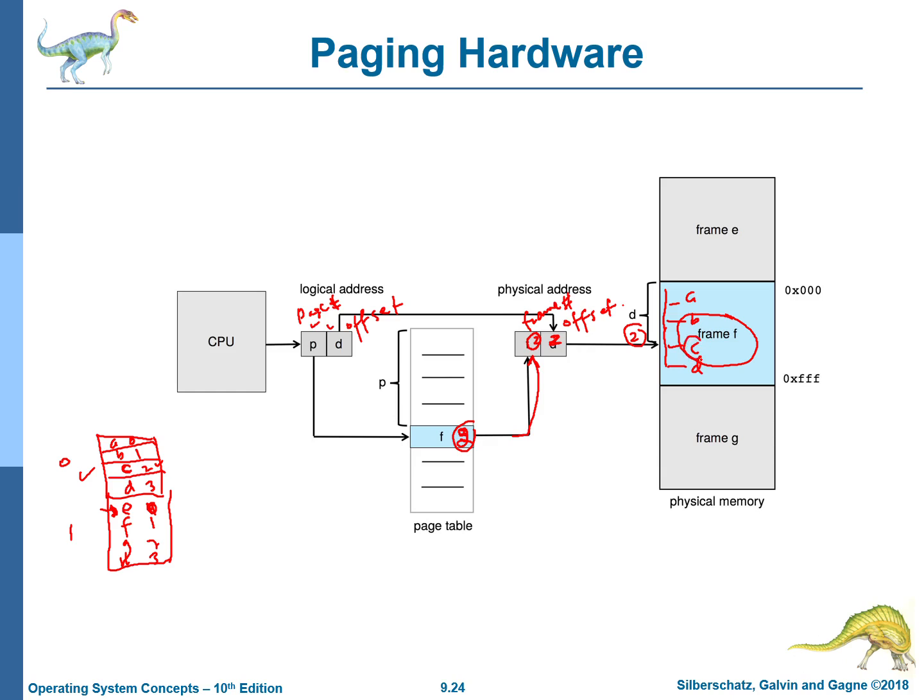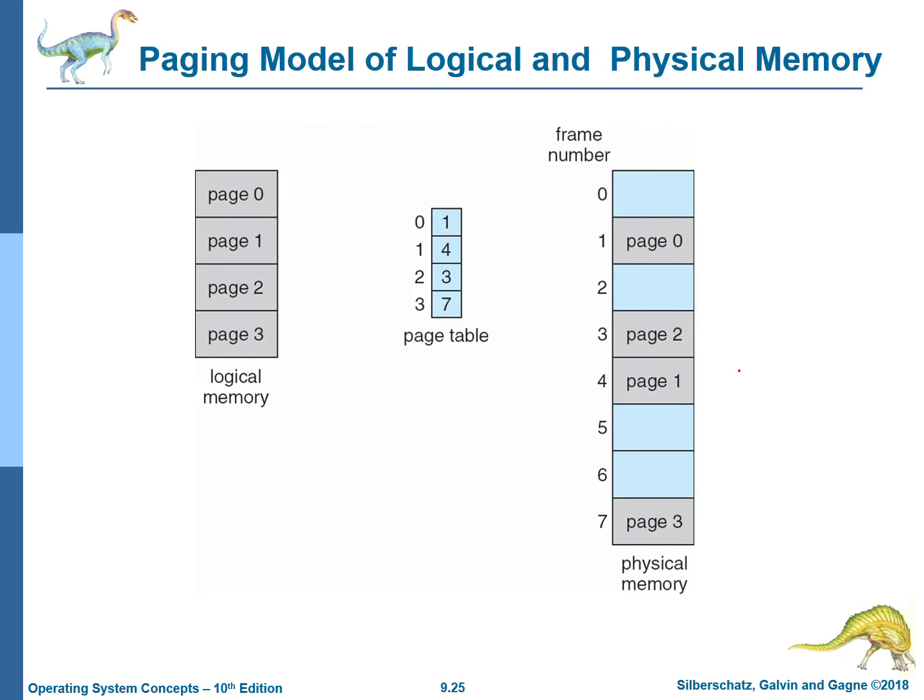So we need C here. So this is the exact location of our required memory, required data. In the paging model, the same thing is shown here. Suppose we have page 0, page 1, page 2 and page 3.